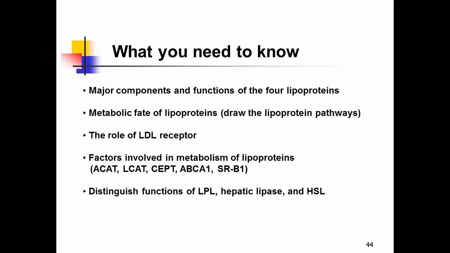In the fed condition, you remember the lipogenesis activity is high, so the liver synthesizes a lot of fatty acids and triglyceride. So the triglyceride is then packed into the VLDL and transported to adipose tissue for storage. And also part of the triglyceride in the fed condition in the liver that is packed into VLDL comes from chylomicron remnant, right? So initially from the diet.